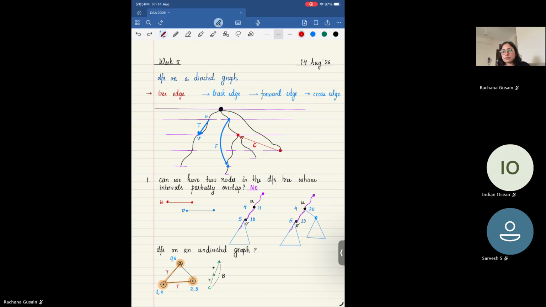Back edge, Sarvesh? No. So the cross edge: let's say this is a cross edge, right? It's going to a node which is already finished. So again, this is also leading to a node with a lower finish time.